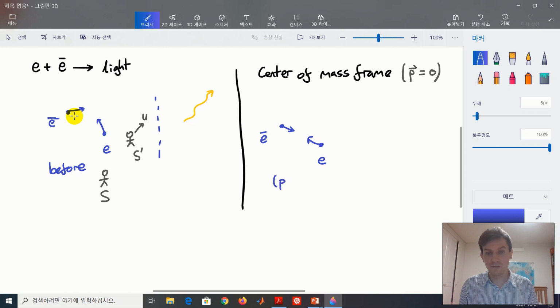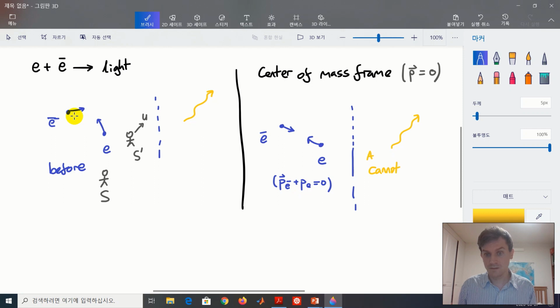So here we have the total P, so the momentum of the electron plus the momentum of the positron is equal to 0, okay? But then we run into a problem, because if they only produce one photon, like this, no matter what direction the photon is traveling in, the photon always carries momentum, because the photon always travels at the speed of light, so its momentum is always non-zero.